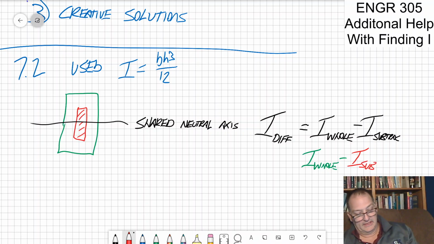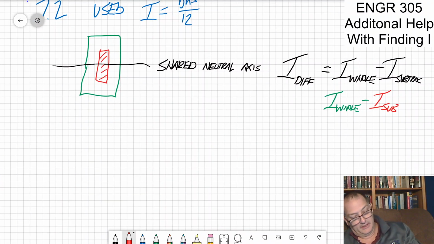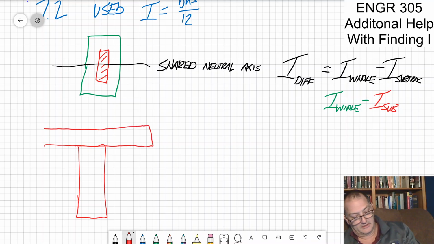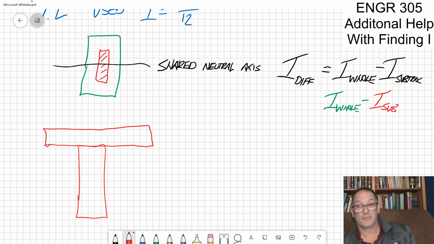But we're also going to get another very common situation, and this gets us to the parallel axis theorem. They're going to give us a shape that consists of this base plus that lump at the top. The beauty of this is it's normally pretty easy to find the neutral axis because you're just doing two areas.